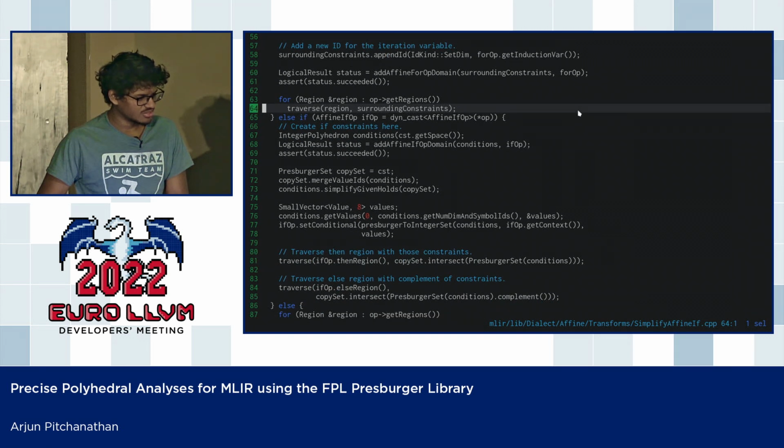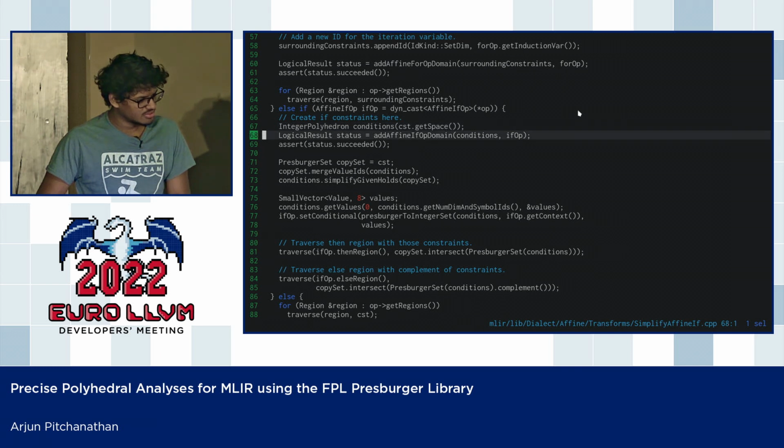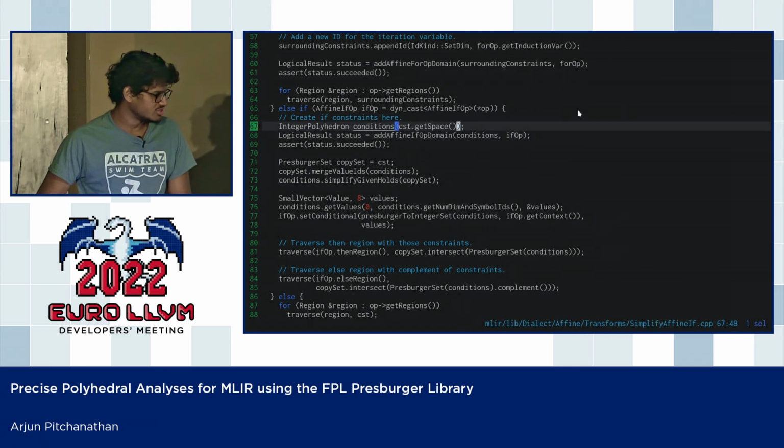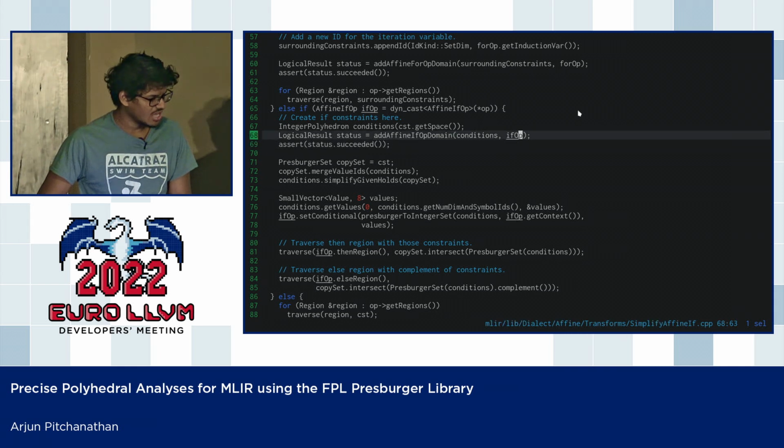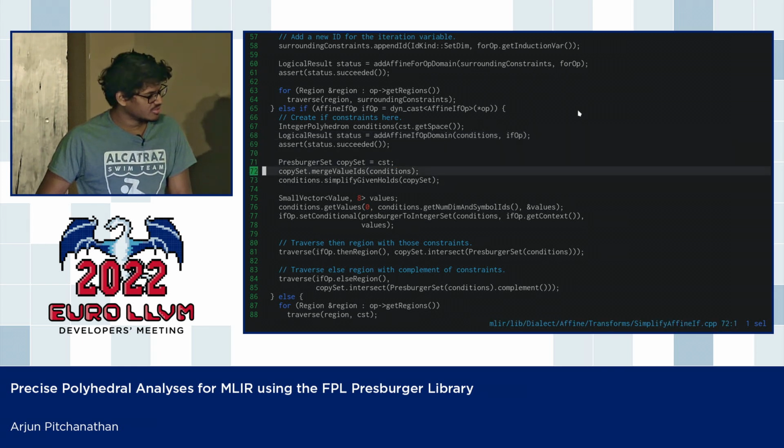The other case that we handle is if conditions. We initialize an integer polyhedron called conditions, and we once again add affine if op domain. This adds the constraints from the if op into conditions. I briefly talked about merging earlier.